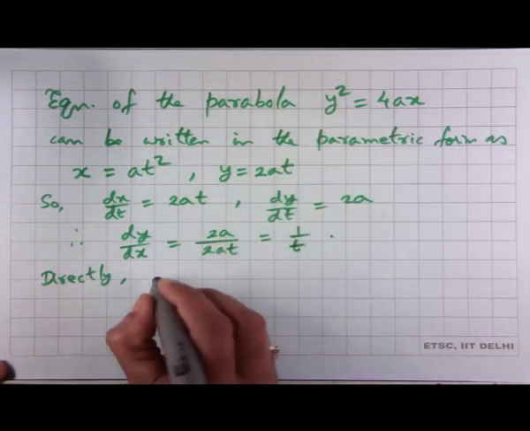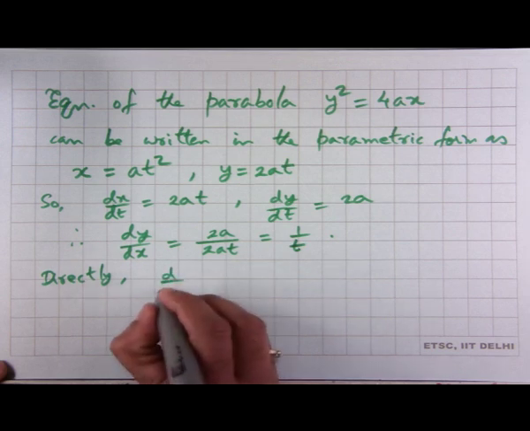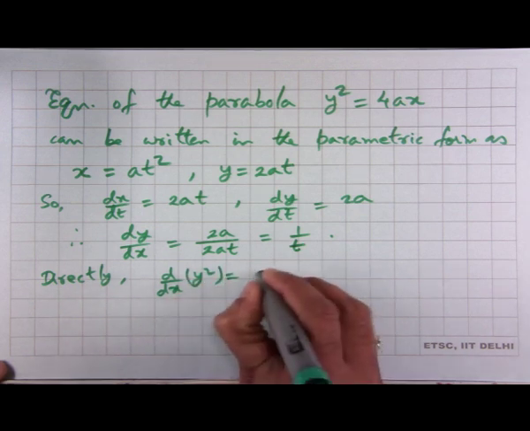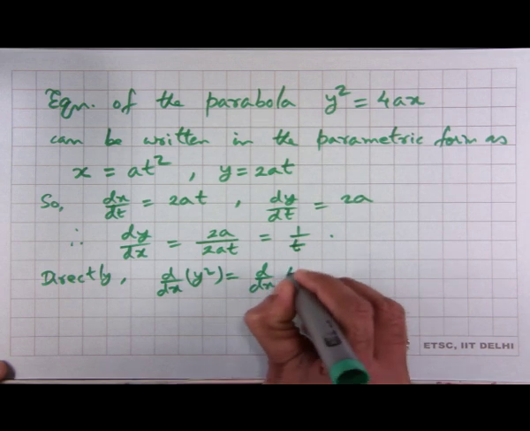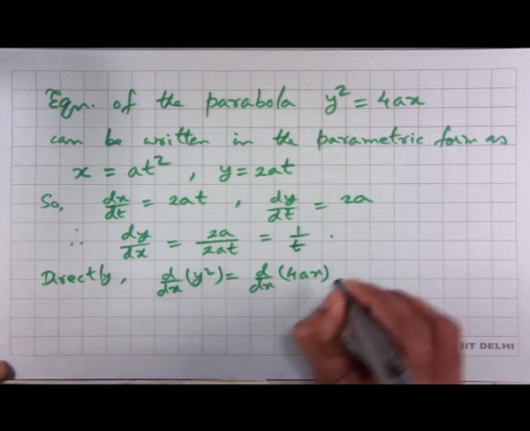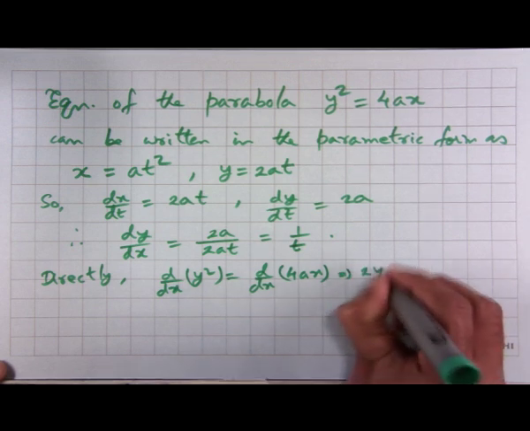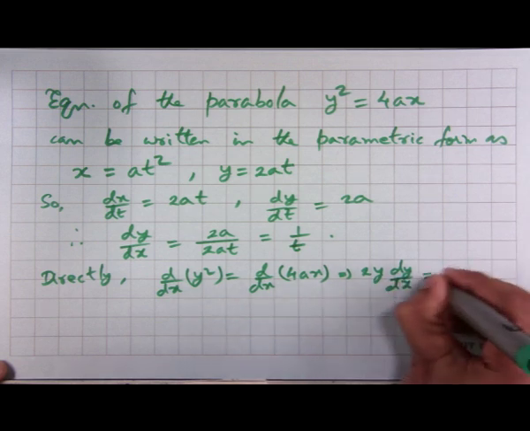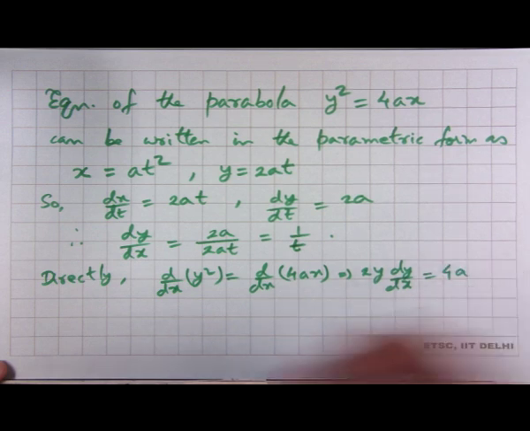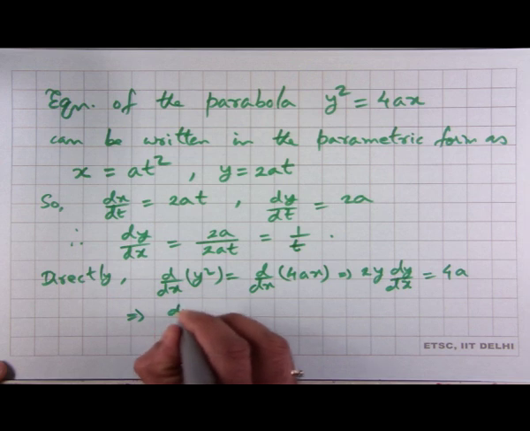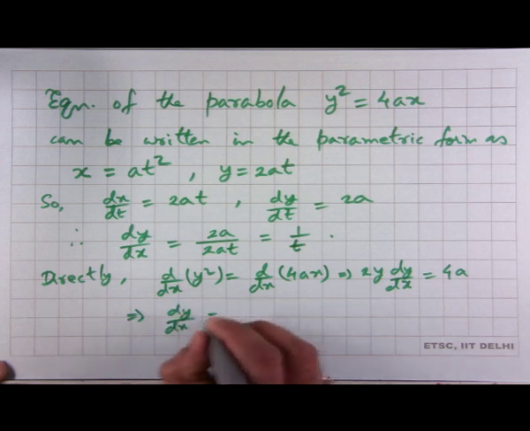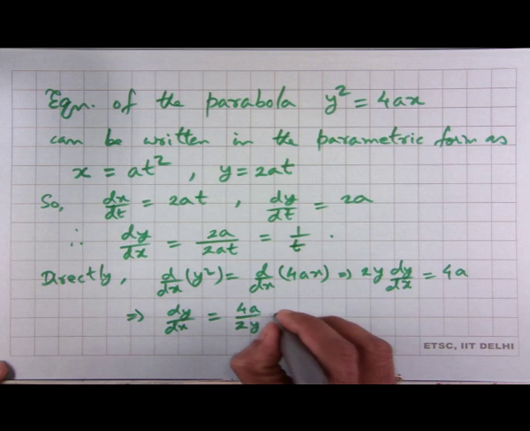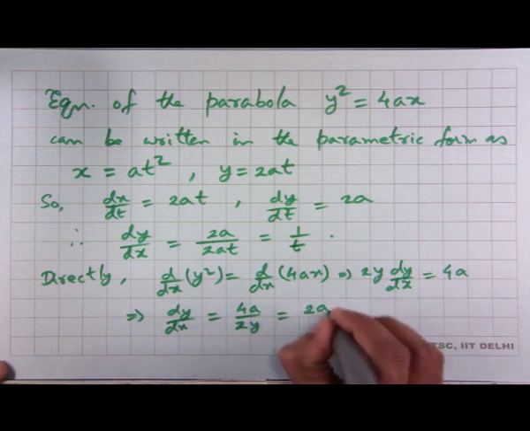If we differentiate with respect to x, y square is equal to d by dx of 4ax. This gives 2y times dy dx is equal to 4a, which implies dy dx is equal to 4a divided by 2y, which is equal to 2a by y.